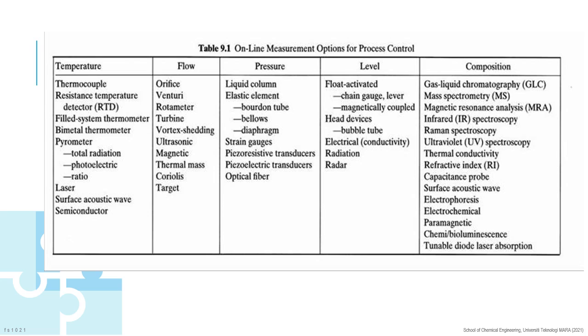For pressure, examples of transmitters are liquid column, elastic element, strain gauge, and etc. For level, examples are radar, float activated, and so on and so forth. And for composition, examples are gas liquid chromatography, mass spectrophotometer, and etc.